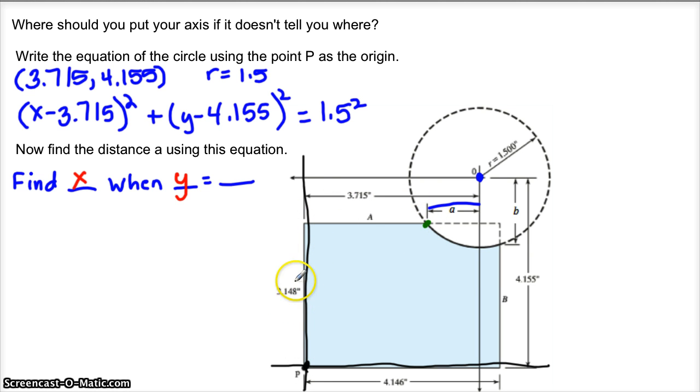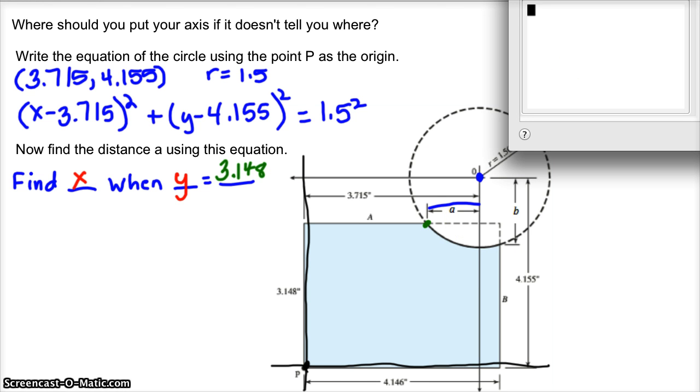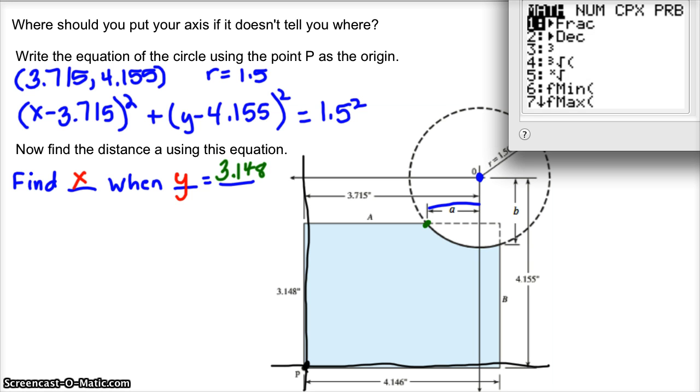And notice that's that 3.148 number. So I'm going to put that right there, 3.148. Now at this point I can just use the solver in my calculator to do this. So I'm going to go over here to my solver, which is in the math menu.